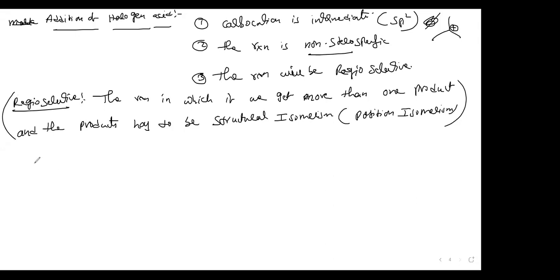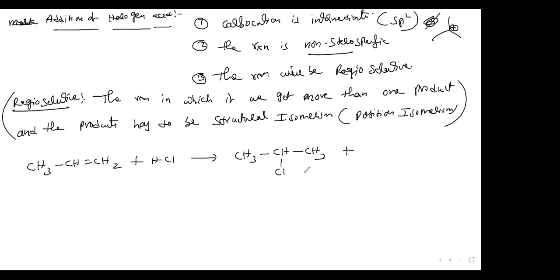Just with a basic equation, I will give you the example and clarify that this is regioselective. Let us take this one, and we are taking HCl. What are the possible answers we can expect? Always the secondary carbocation is more stable, so there is a possibility of this product.